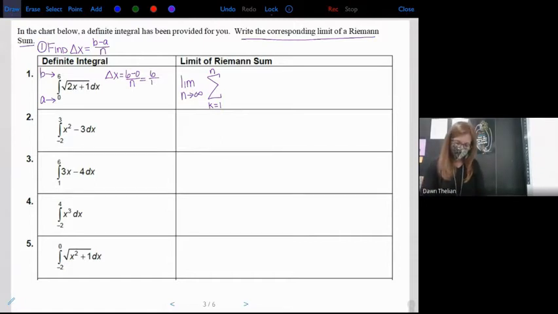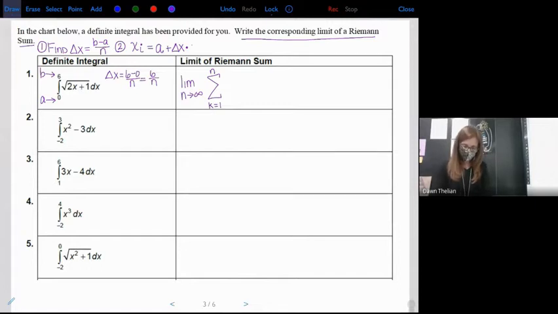The second thing that I need to put together in order to write the correct notation is x sub i, what we're plugging into the function. And that's that little formula where I take a, where I'm starting at, and add delta x however many times we're using it.